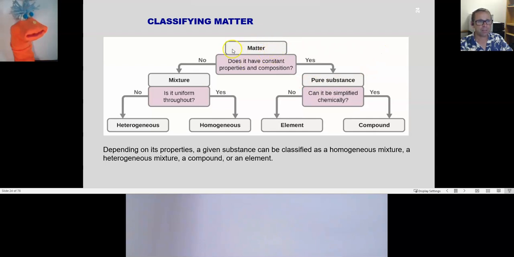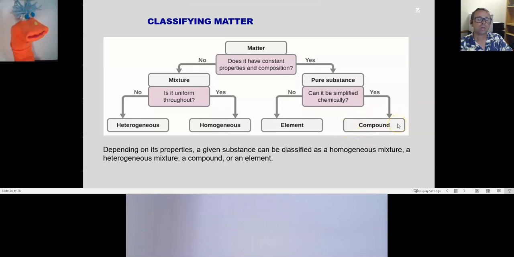All matter can either be identified as a mixture or a pure substance. If it's a pure substance, that means it's either an element, meaning that all of the atoms in the system are the same, or a pure substance can also be a compound.